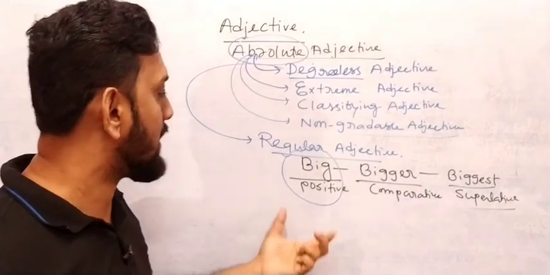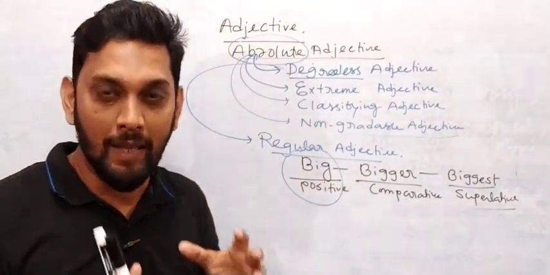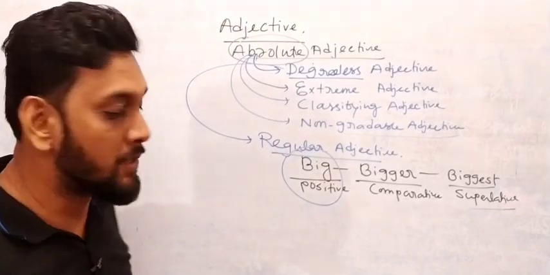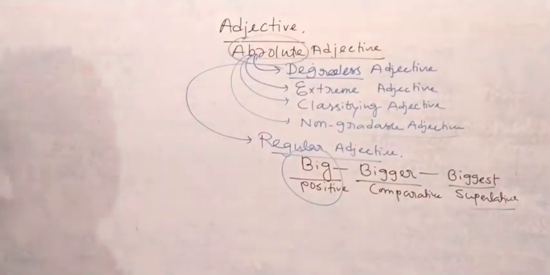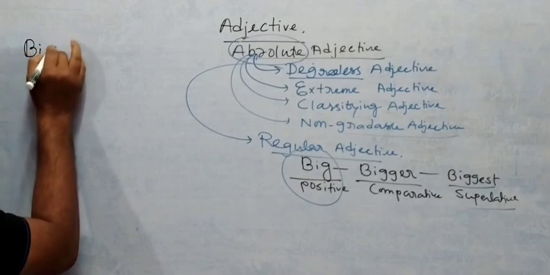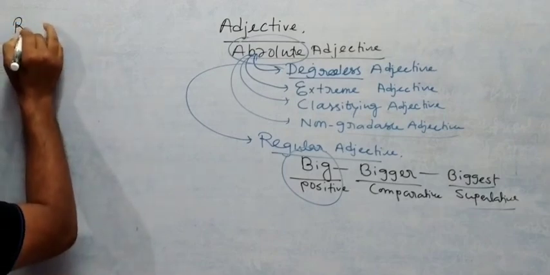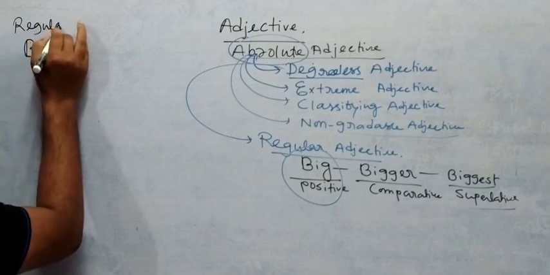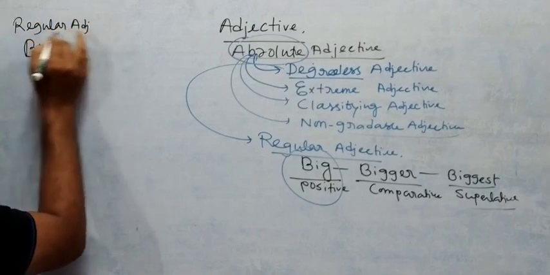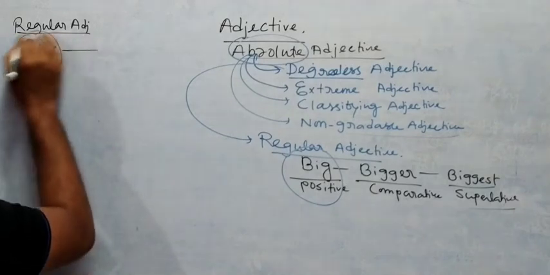Let me discuss by making comparison with regular adjective so that you can understand it better and also implement it in the examination hall. Now let's say big. Big is a regular adjective. Now what would be the degreeless adjective of big?